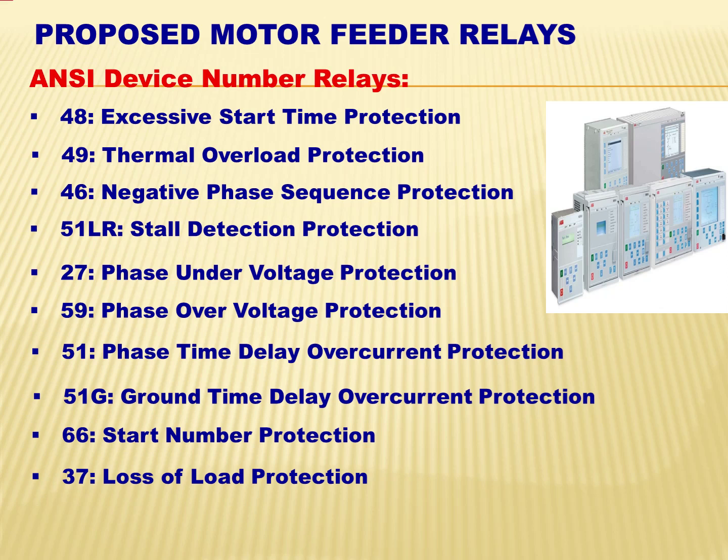This may not present a problem to the motor, but the driven machine could be damaged if it is allowed to operate continuously in this state. To protect against this kind of detrimental scenario, a loss of load protection relay must be provided.